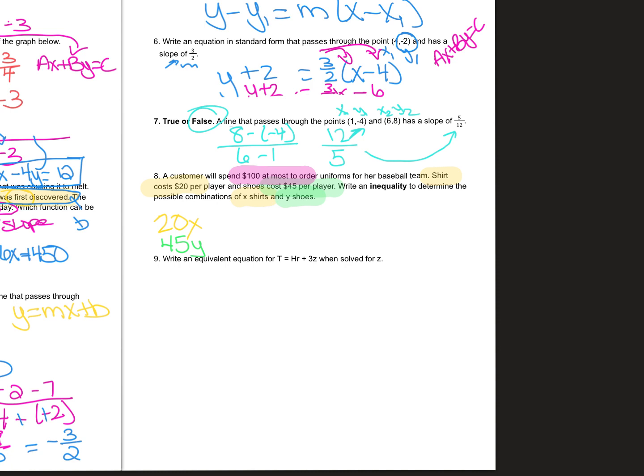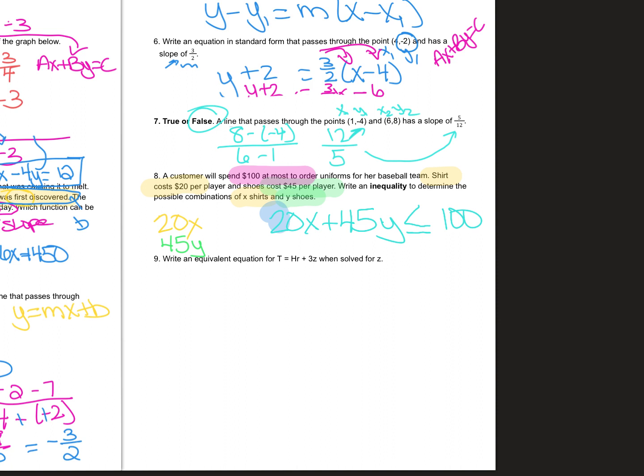We know we have our 20x plus our 45y, and we're not spending more than 100, okay? So we know 20x plus 45y is less than or equal to 100, and I'm using that equal to because they could spend $100. And there is our inequality.